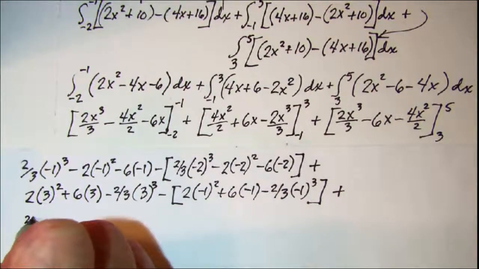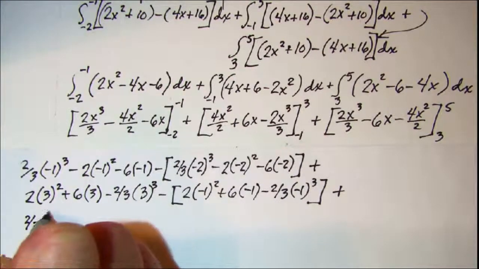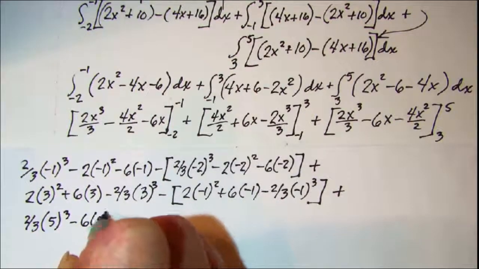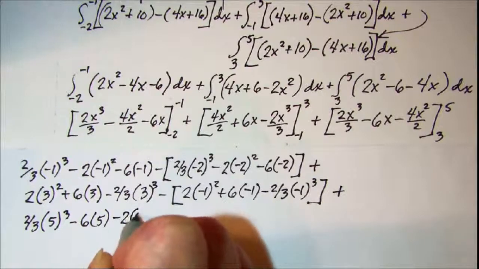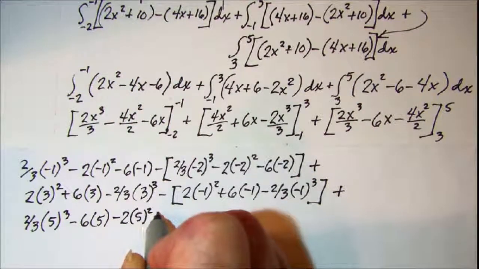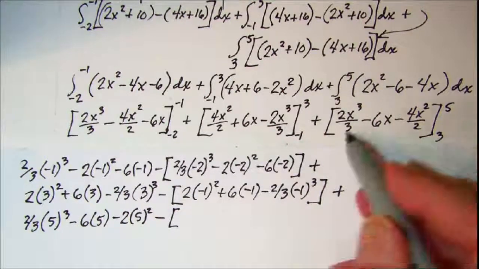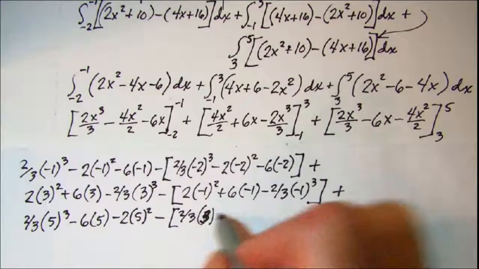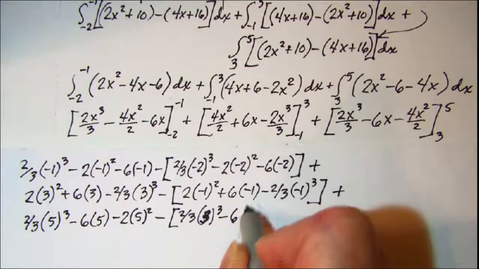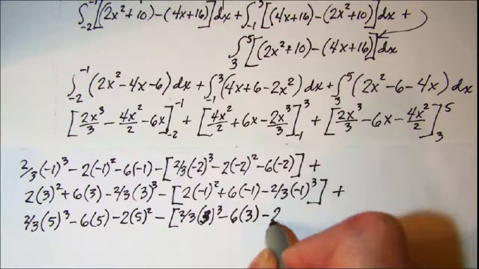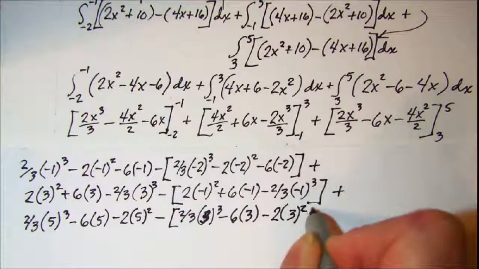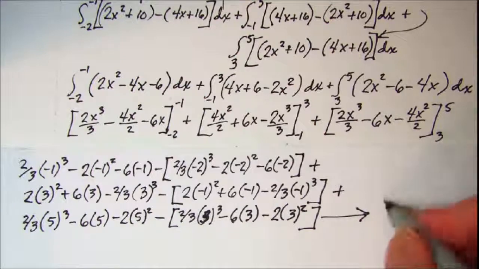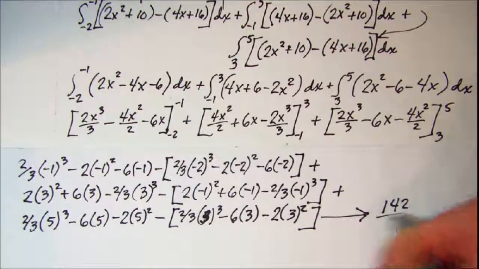So 2/3 times 5 cubed minus 6 times 5 minus 2 times 5 squared, minus, and then 2/3 times 3 cubed minus 6 times 3 minus 2 times 3 squared. When we do the math on this, we get a total of 142/3.